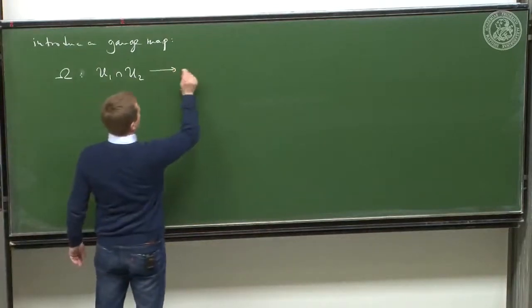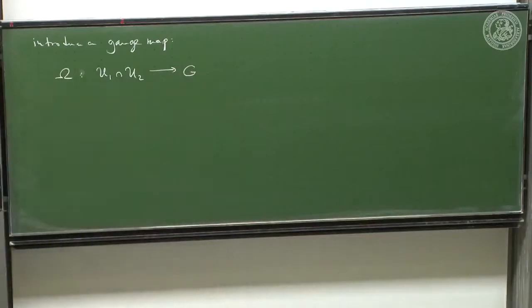And it yields an element for each point, an element in the gauge group, okay?